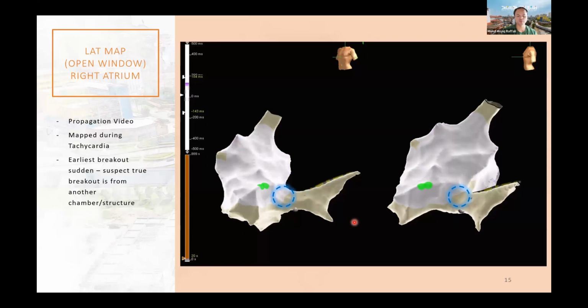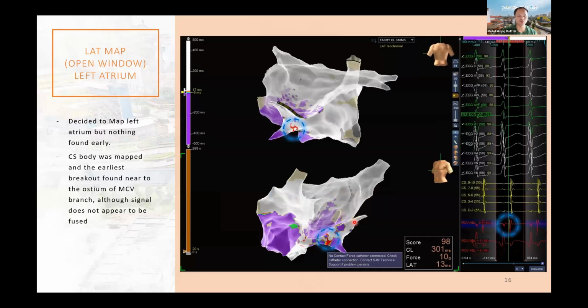So we decided to map the left atrium because of this, because we cannot really get a fused signal, but there was no early signal from the left atrial mapping. After that, we mapped into the CS, and the earliest signal was actually near the ostium of the middle cardiac vein, but there's no fused signal over here.